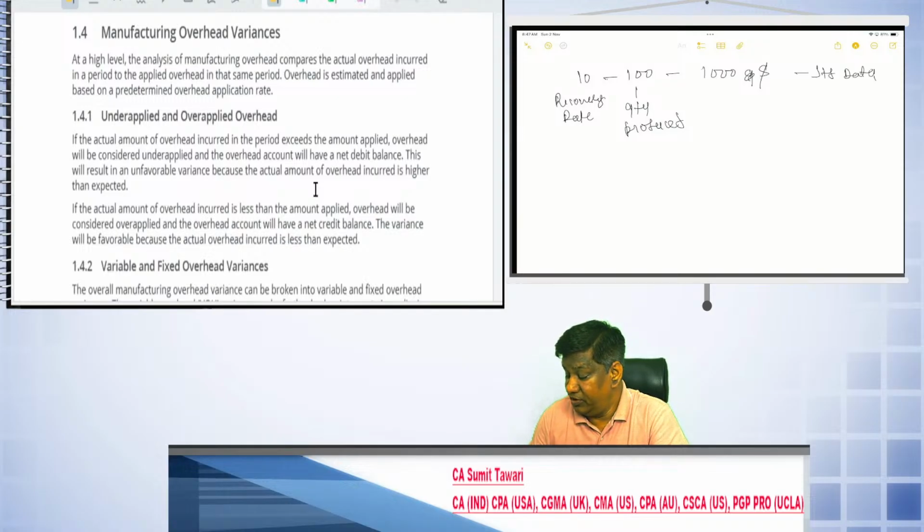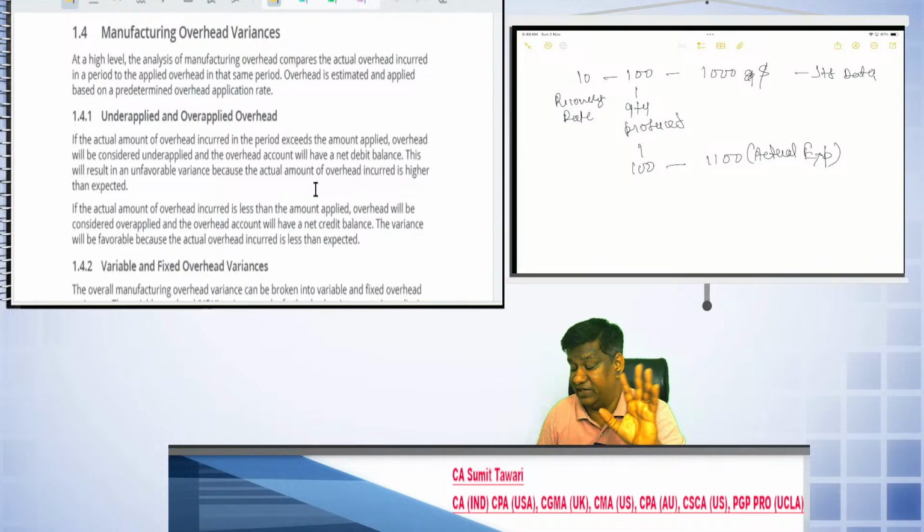Actually, what happened? We produce 1100 quantity. Okay, but my total actual expenses is 1100. Actual expenses. Okay, we don't know at the time of production what my actual expenses can be.